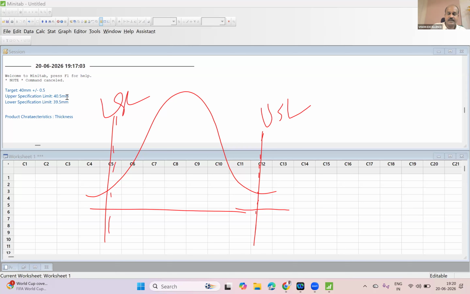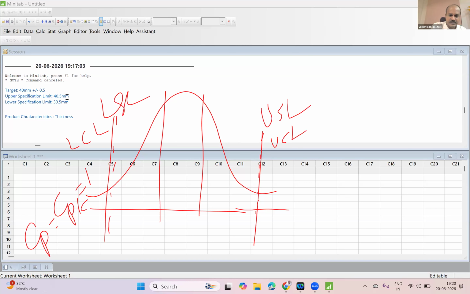That means the same becomes the upper limit and the same becomes the lower limit. This is the scenario, and we'll understand it a little later. This is a scenario called Cpk equal to 1. That means your process is just meeting the requirement. Now consider the central portion. First of all, at the center the mean will be there. Let us say the mean is 40.